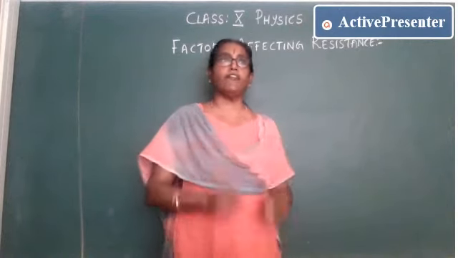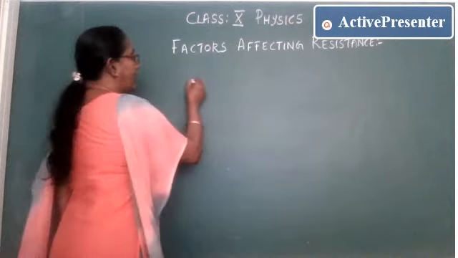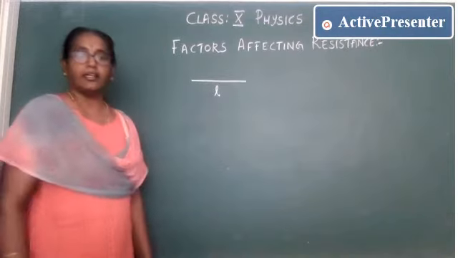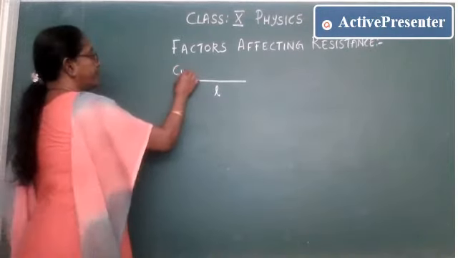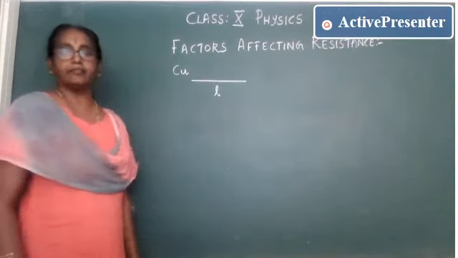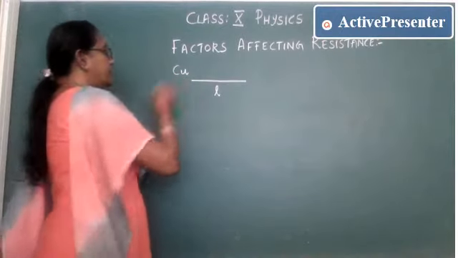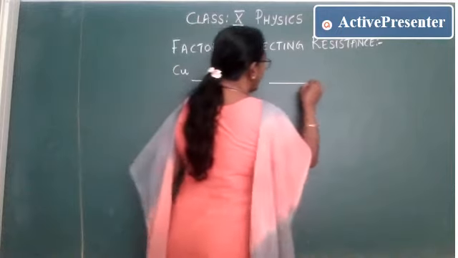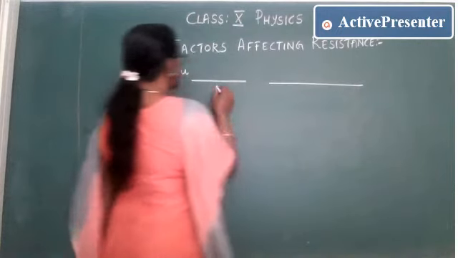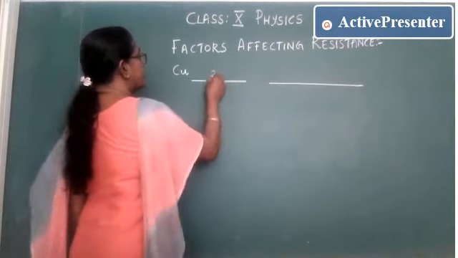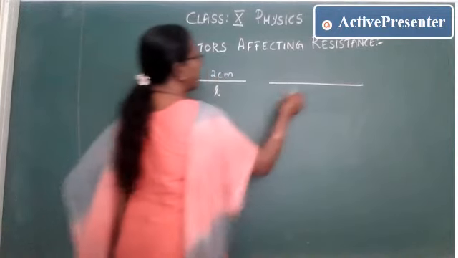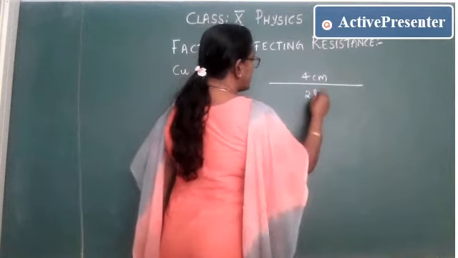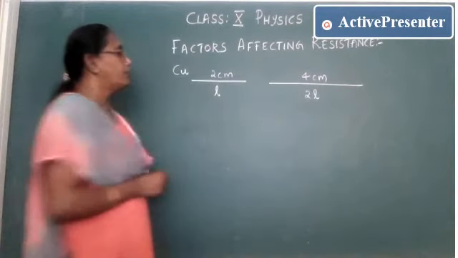Imagine you have taken a copper wire of length L. Now take the same copper wire but with another length: if this is 2 centimeter length, this is 4 centimeter length, that means the length is double, but both are copper.